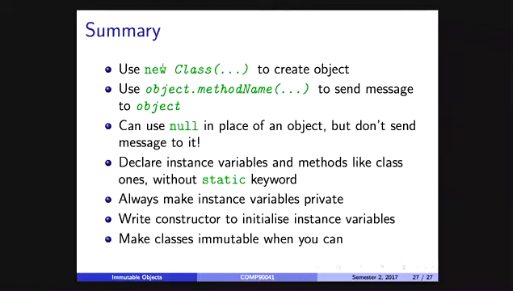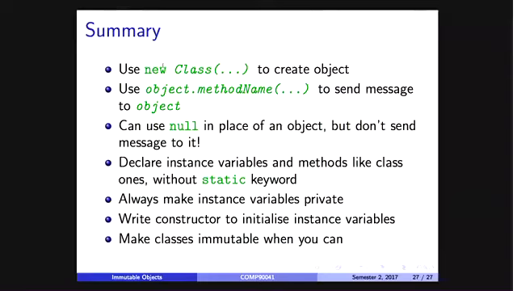Good practice, best practice, is to always make instance variables private. You shouldn't make them public. You should write a constructor for each class to initialize all its instance variables. And particularly if you go with the idea on the last bullet point of making your classes immutable, then basically you've got one chance to provide data, to store data in your object, and that is in the constructor.